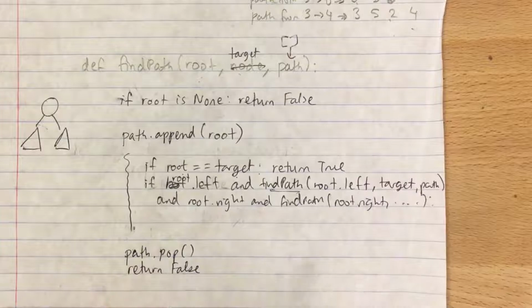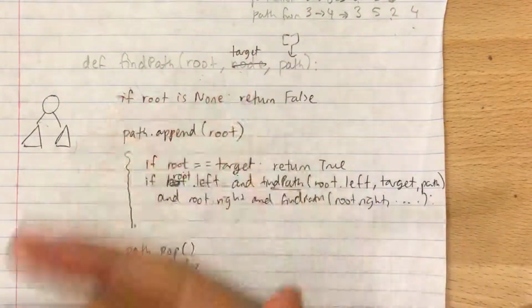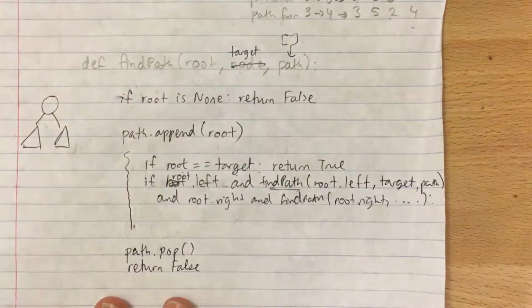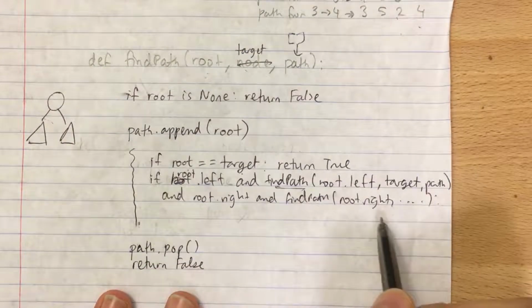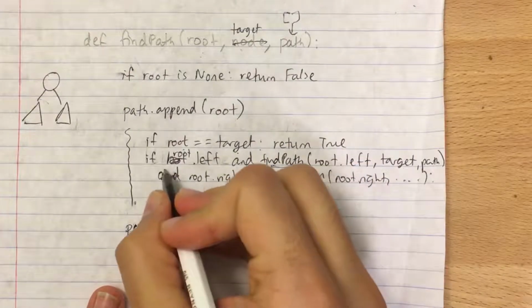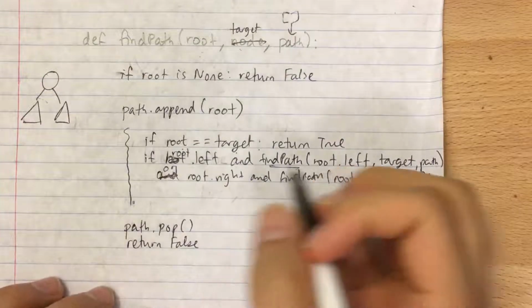If root.left exists and it's not null, go ahead and recurse on the left subtree and see whether that will return true, and do the same thing with the right subtree. This should actually be or. It could be either on the left subtree or the right subtree.